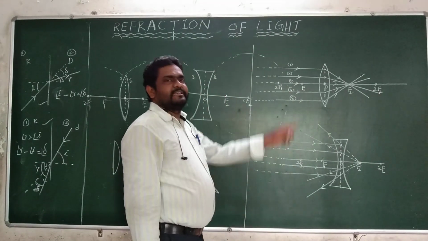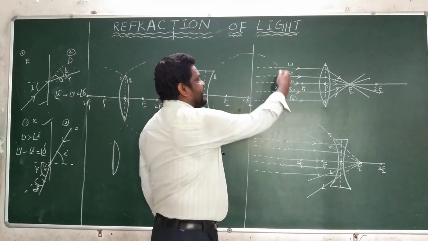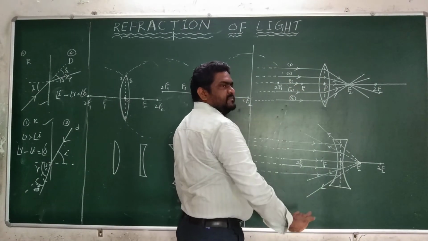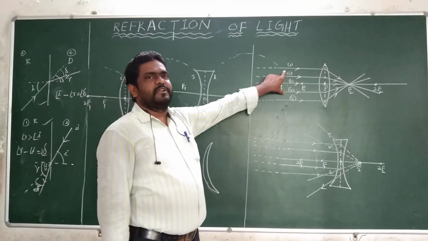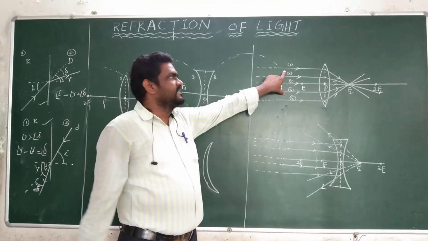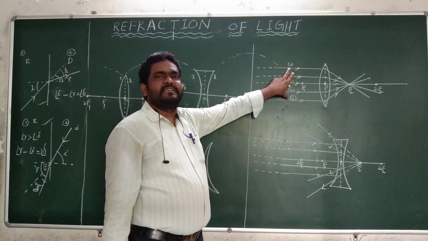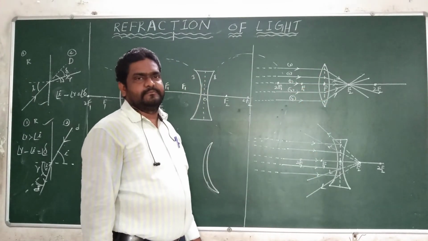The five light rays are coming from an object at infinity, like the sun. The sun is at infinite distance, so the light rays coming from it are parallel to each other. A parallel beam of light from the sun is incident on the convex lens.